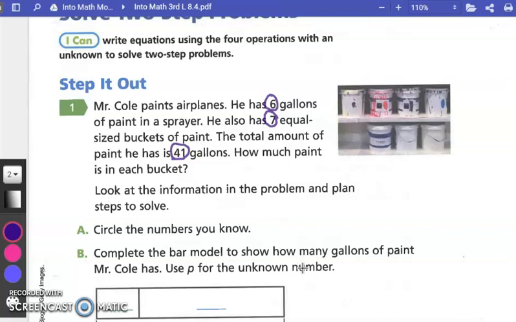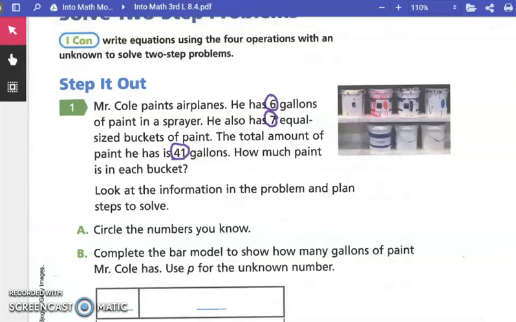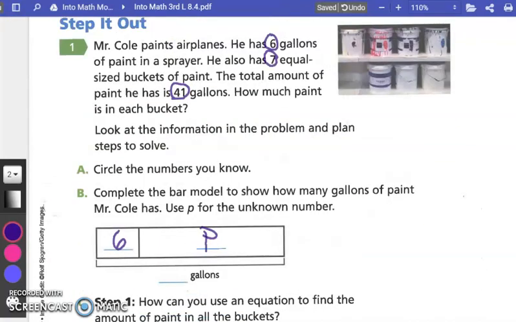Okay, so we circled the numbers we know. We know he has 6 gallons in his sprayer. And then we have this unknown of paint. And we know that he has 41 gallons altogether.